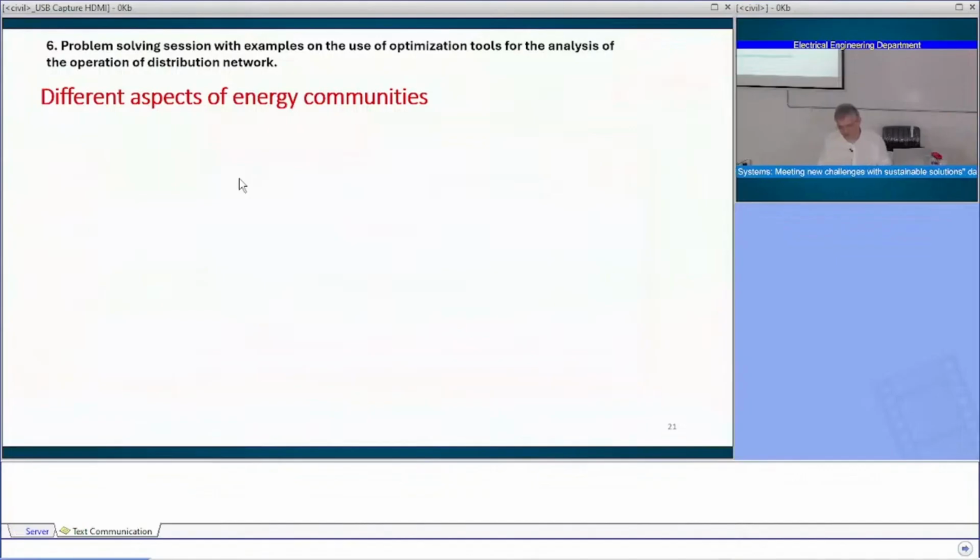There is also a concern about the capability to collect all the data by the manager of the energy community.